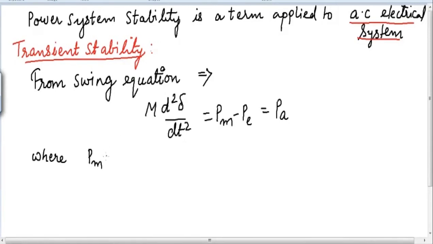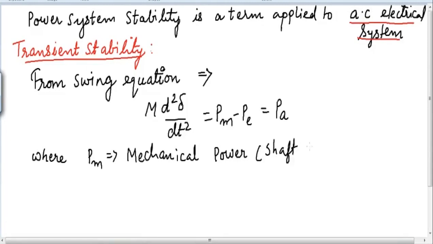Pm is the mechanical power, or we call it the shaft power, which is basically the input. So in the power plant, the shaft power is the input power.